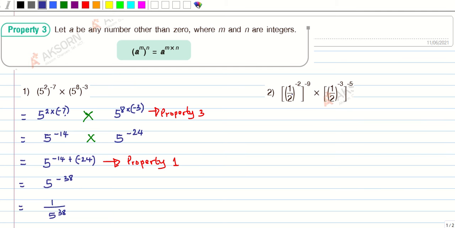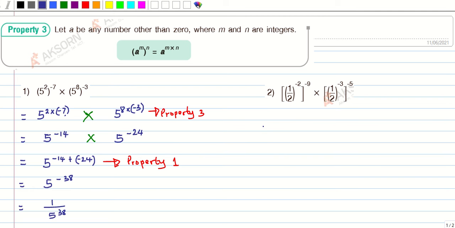So for this one, we have a half to the power of negative 2 into the power of negative 9 times a half to the power of negative 3 into the power of negative 5.